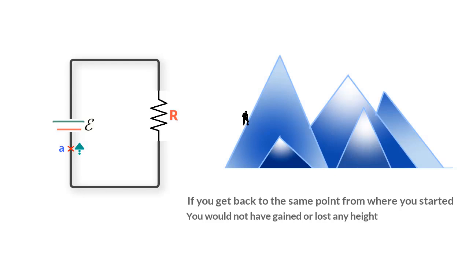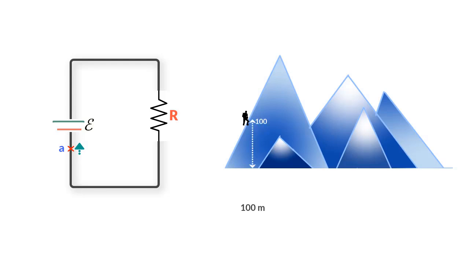So let us say you start from a point that is 100 meters above the ground and reach a point that is 10 meters higher. So you add 10 meters to your original height. Then you come down by 25 meters, so we subtract 25 meters, and then you decide to go down by another 5 meters, so we further subtract 5 meters.